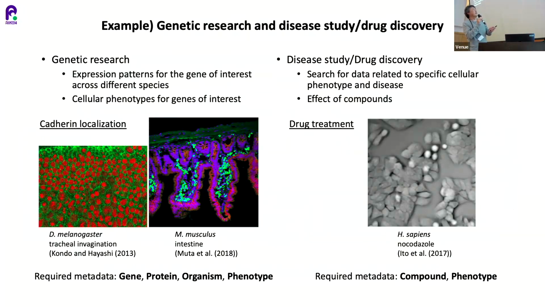In this case, the cellular phenotype is interesting, so we need gene, protein, and organism phenotype information, for example. And if you go into drug discovery and disease research, in this case compound phenotype information is necessary, maybe.